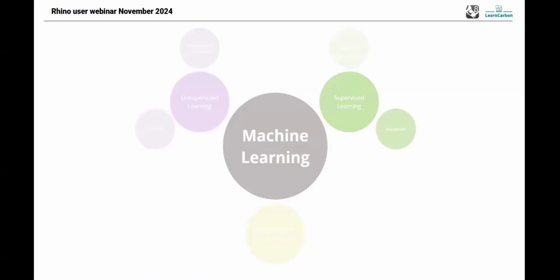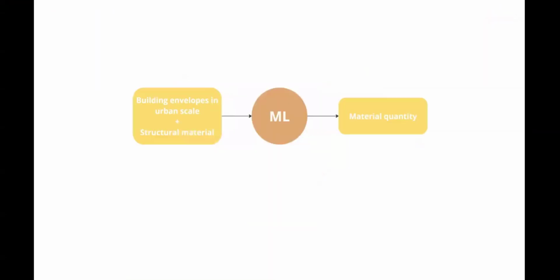And now I would like to briefly mention another project I worked on in my previous job. That was, again, for a carbon tool, but this time, again, supervised learning and regression. This time it was to understand the material quantity of the structure.